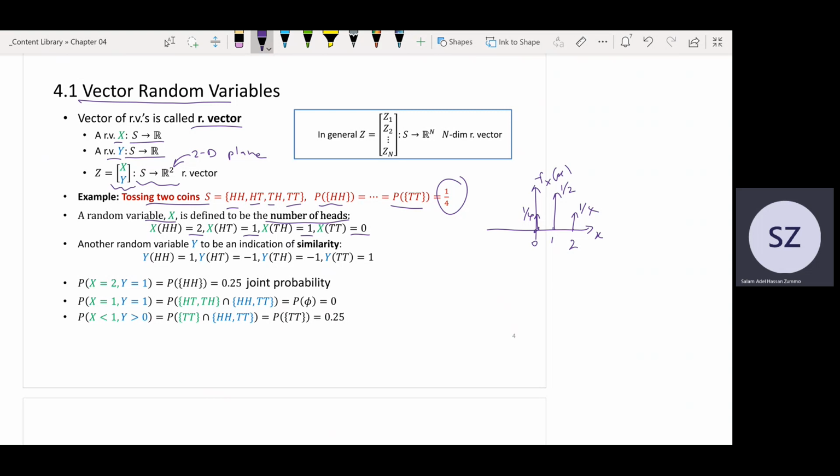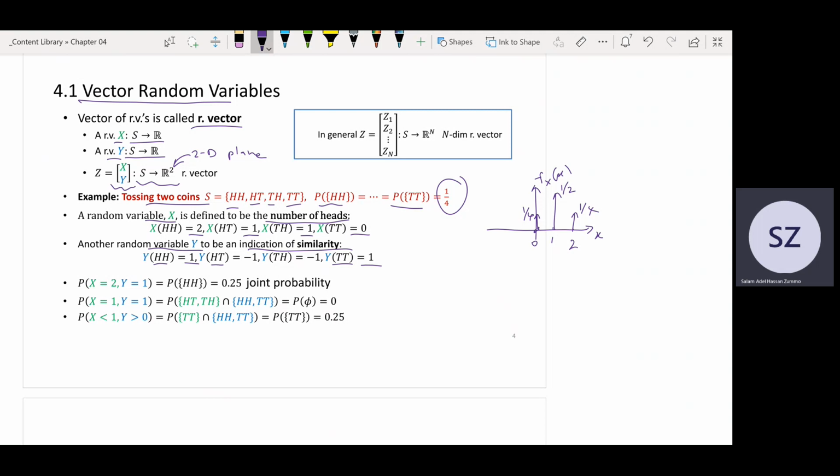Now I can define another random variable, y, which indicates similarity between the outcomes of the two coins. If I have similar outcomes, head-head or tail-tail, I give it 1. This y describes the similarity.